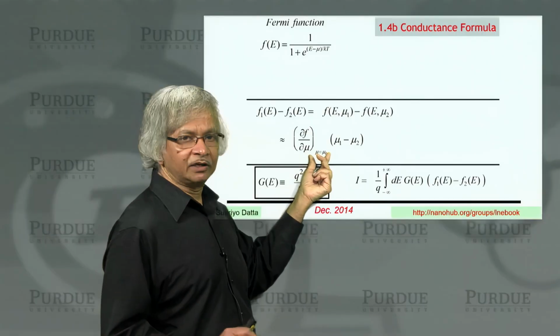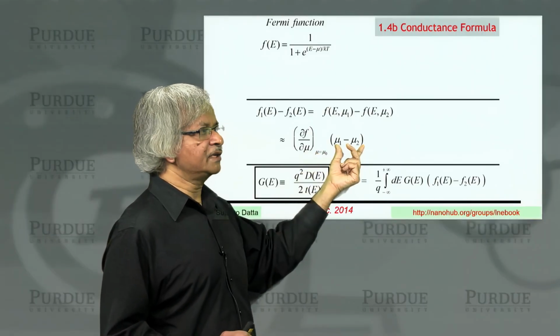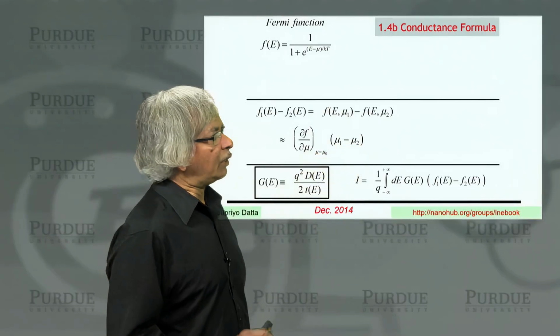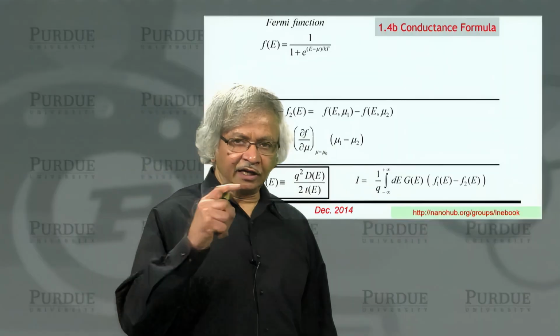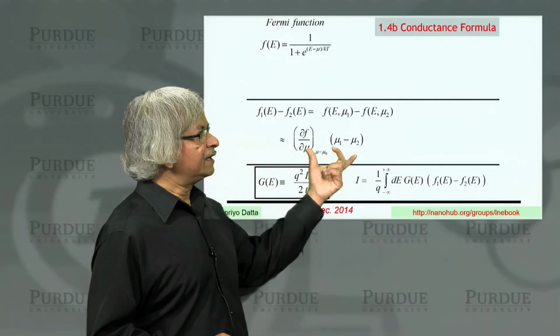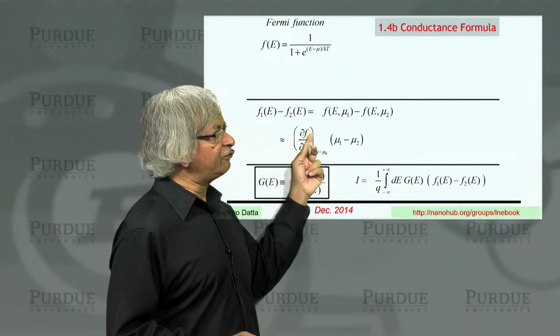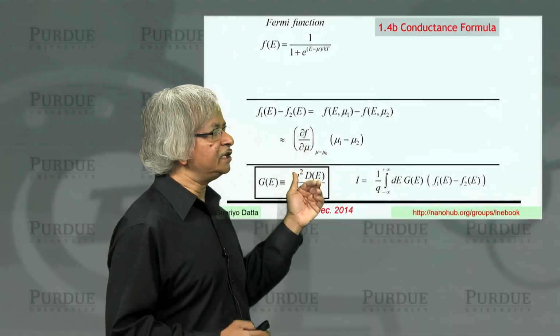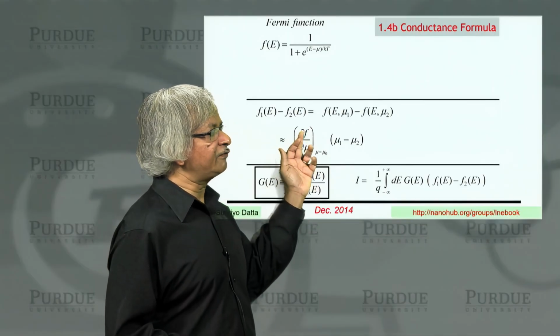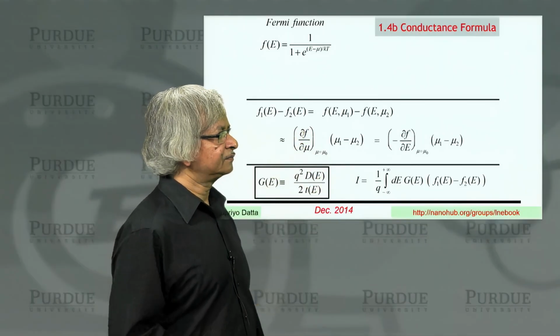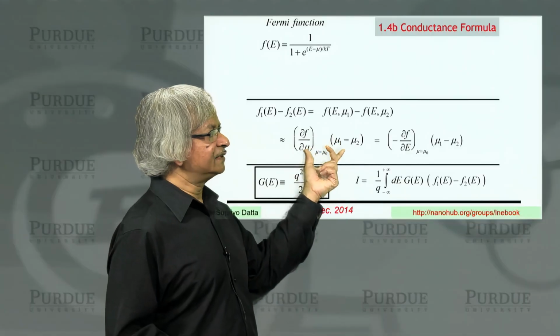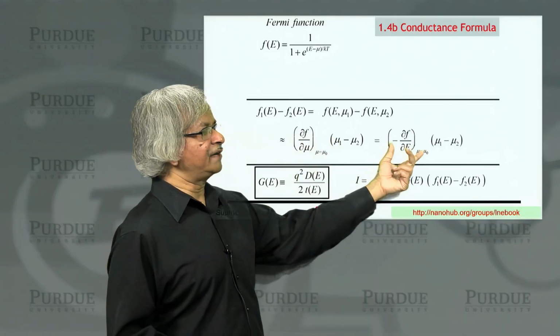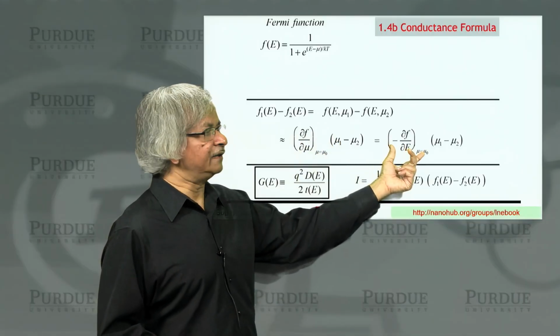So at that value, whatever it is, times mu1 minus mu2. Now what takes a little thinking, and I'll explain that in a minute, is that partial of F with respect to mu is actually equal to minus the partial of F with respect to energy. So instead of ∂F/∂mu, we can write minus ∂F/∂E.